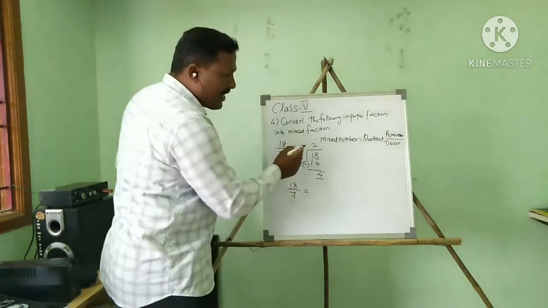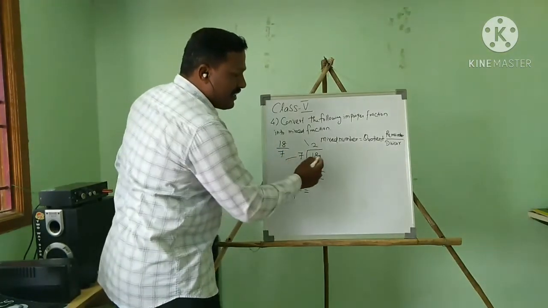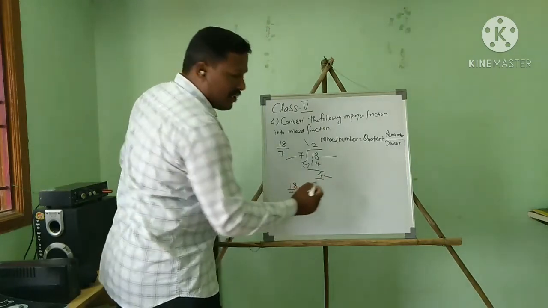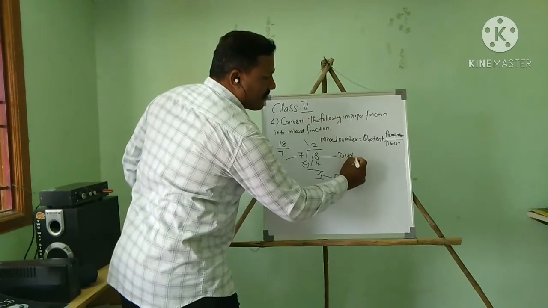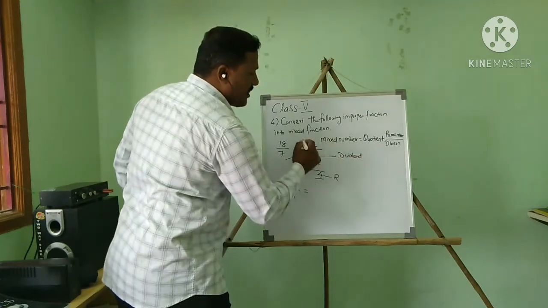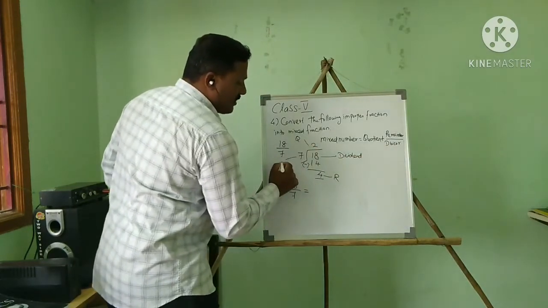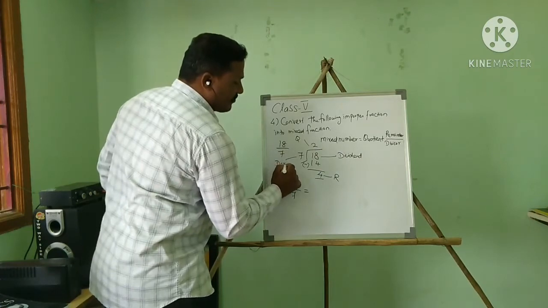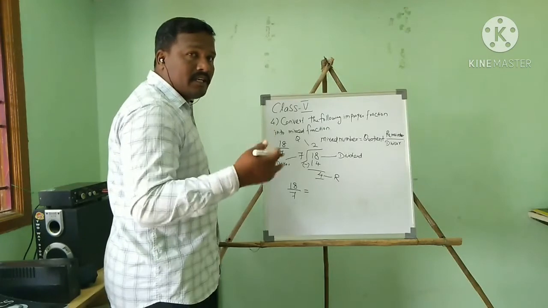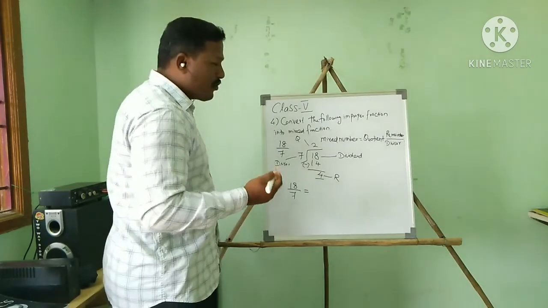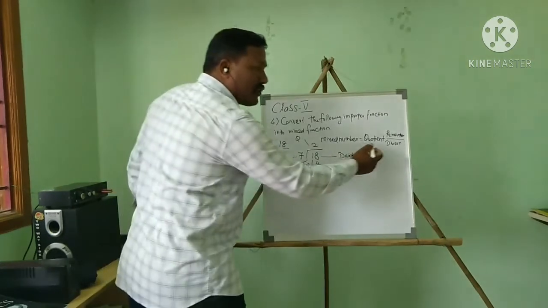It's a quotient, it's a divisor, it's a dividend, it's a remainder. You know very well because we discussed many times, in the third or fourth chapter. So now we have to substitute the values.